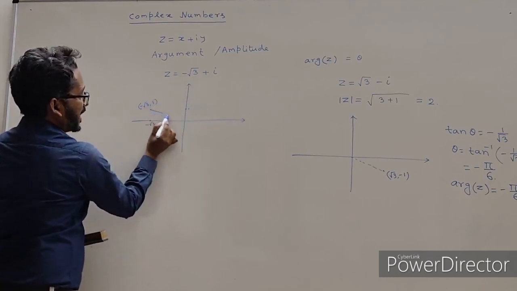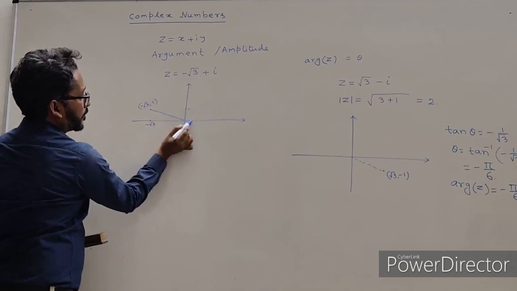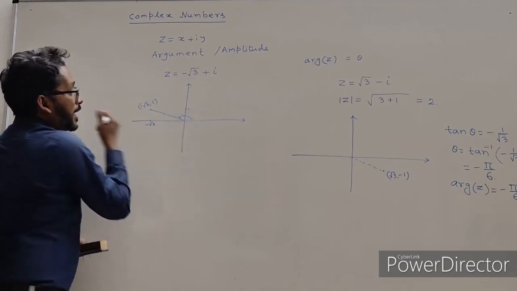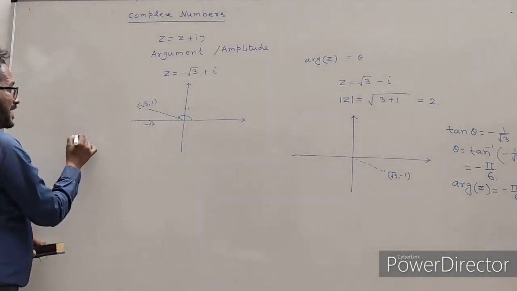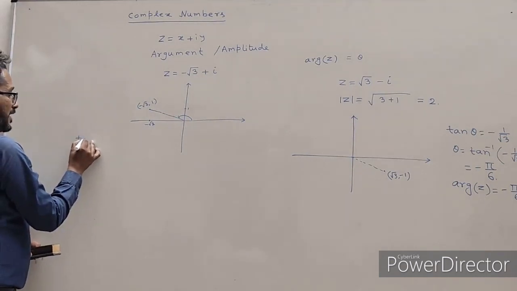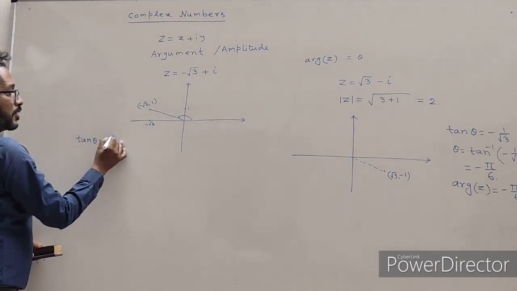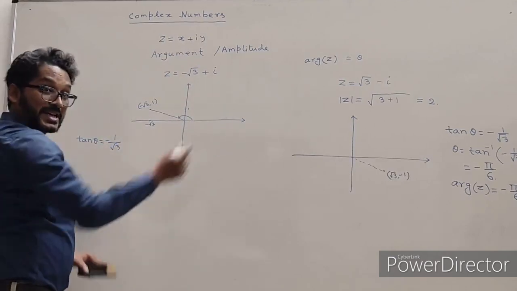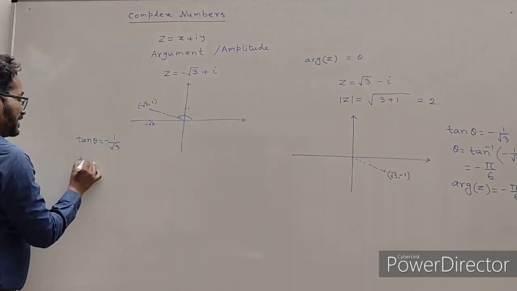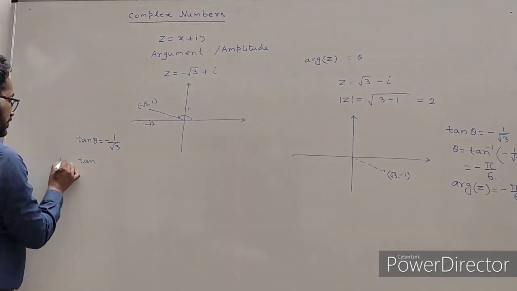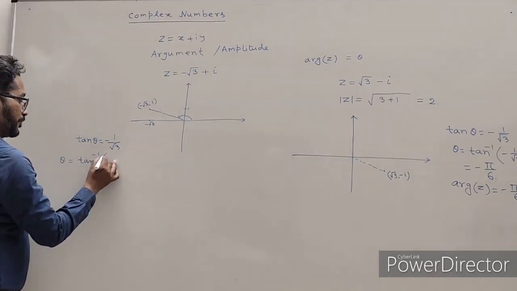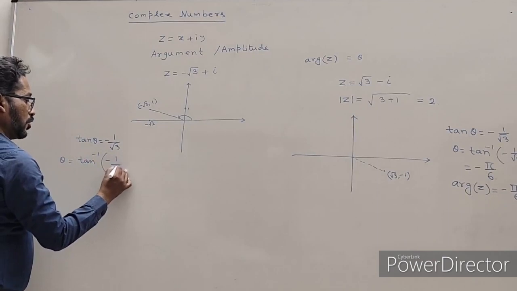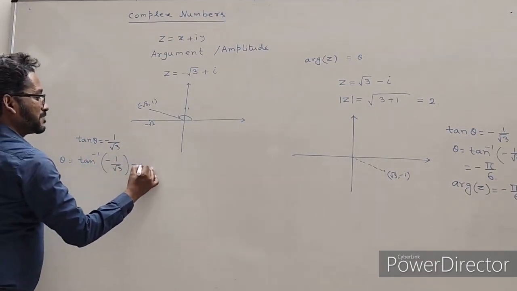So now this is the angle which we are talking about. In this case, if you take tan inverse directly, your tan theta is nothing but minus 1 by root 3, just like the previous case. So if I take tan inverse of minus 1 by root 3, we'll get minus pi by 6.